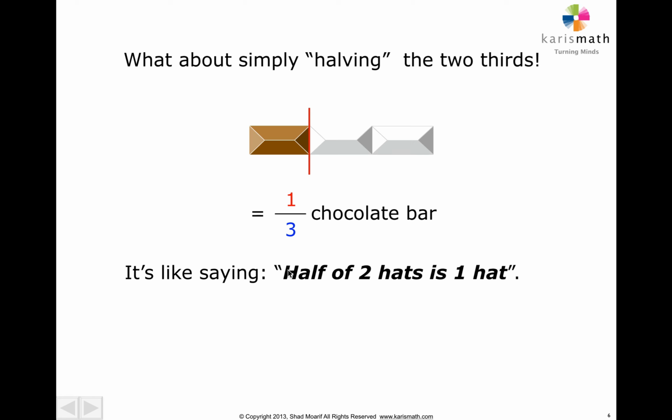It's like saying half of two hats. Remember, hats is written below. Half of two hats would be one hat. And so with the same thing, half of 2/3 would be 1/3. "Of" means to multiply, of course. So half times 2/3 is the same as saying half of 2/3.